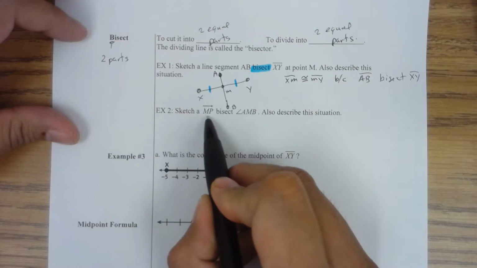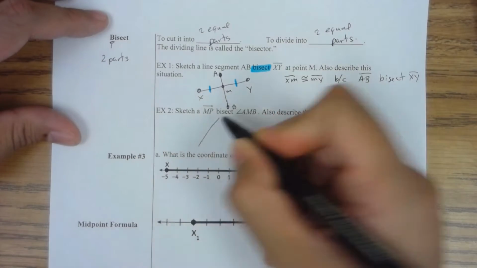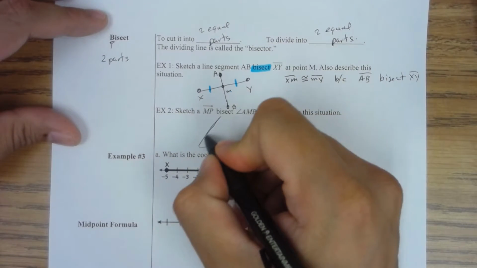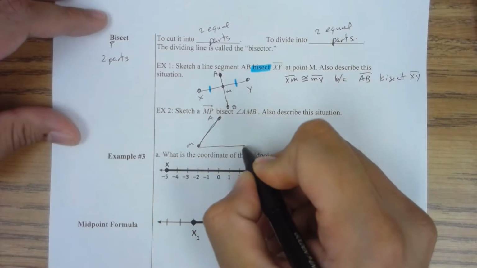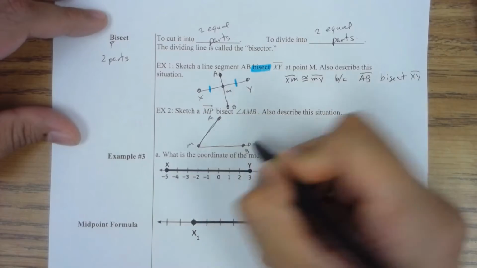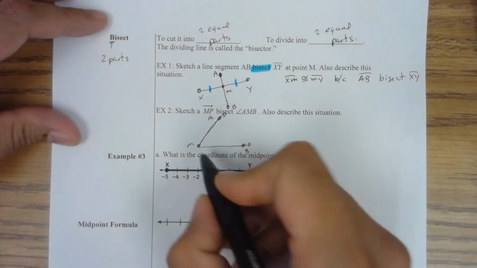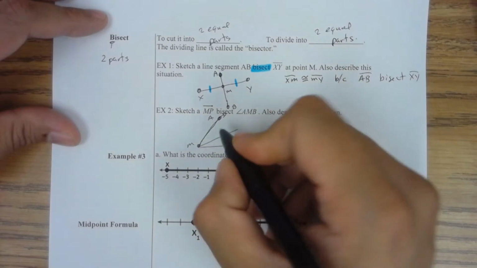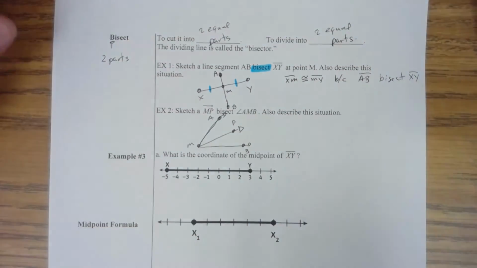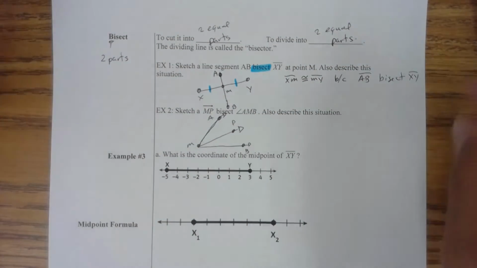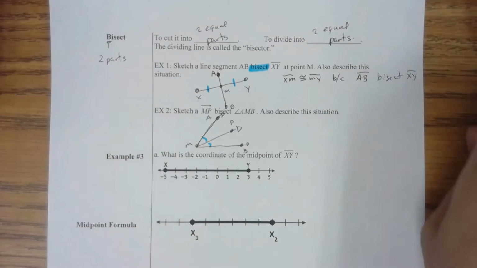Sketch a ray MP that bisects angle AMB. Let's draw that. Here's my angle. This one is called A, M, and B. Okay, so MP is going to cut this in half. I'll do the best I can in the drawing. Remember, this is the ray. So since it's cut in half, we know that this angle here and this angle here are all the same.